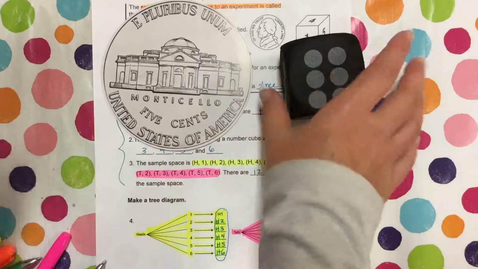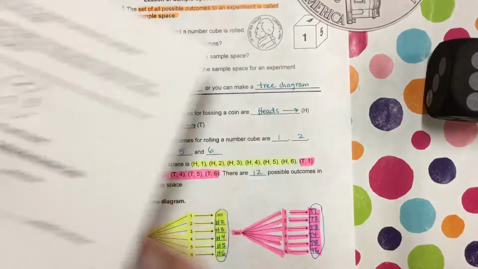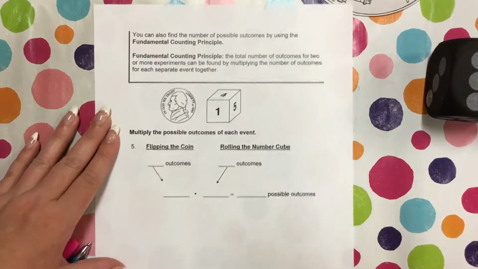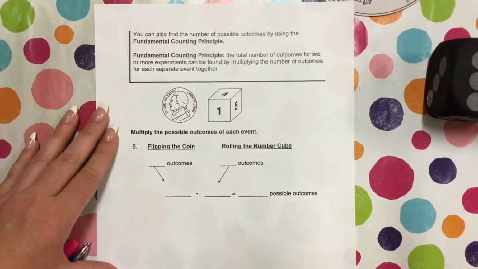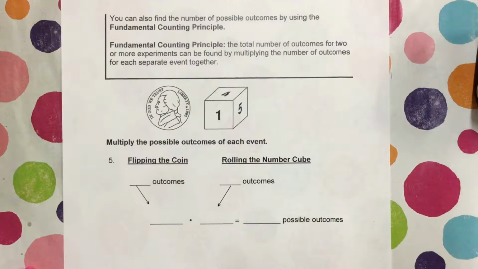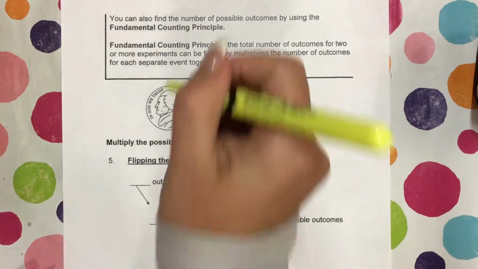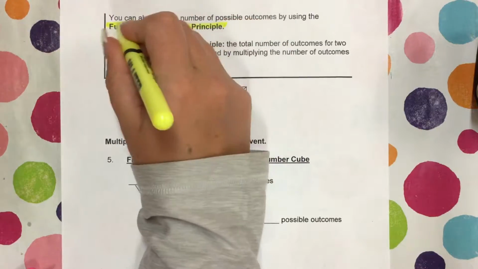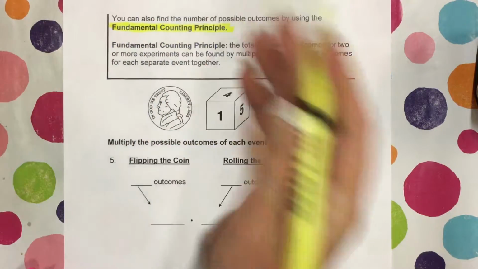All right, let's go ahead and flip the page and talk about the next thing. This is fun. You can also find the number of possible outcomes by using the fundamental counting principle. That sounds official. I'm just going to say it, it does. Let's see what that is.